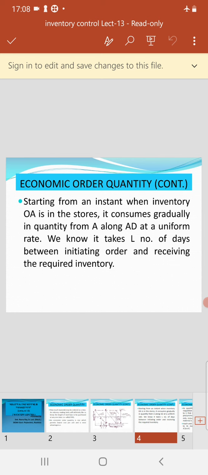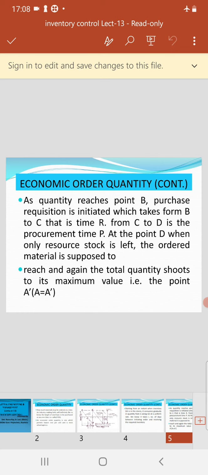And we know it takes L number of days between initiating an order and receiving the required inventory. So when the quantity reaches point B, the purchase requisition is initiated, which takes from B to C, that is the time R, the purchase process.